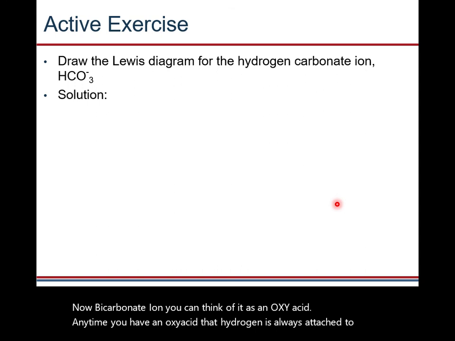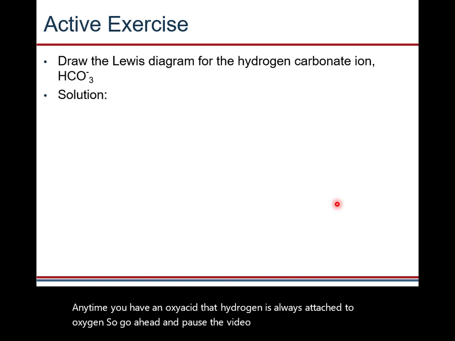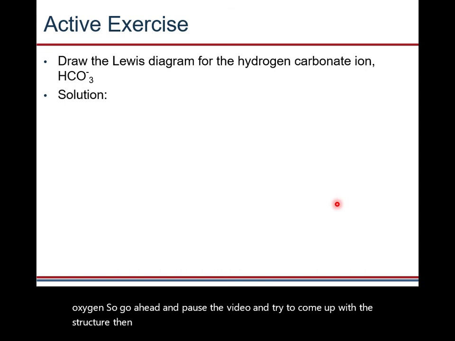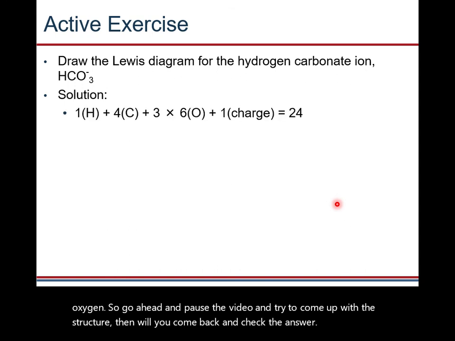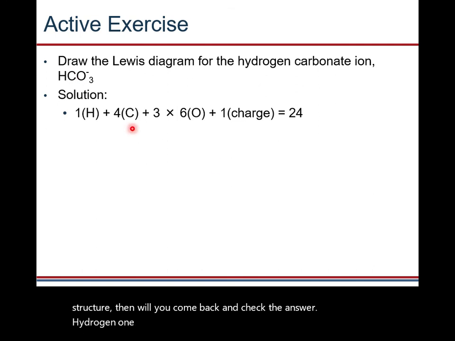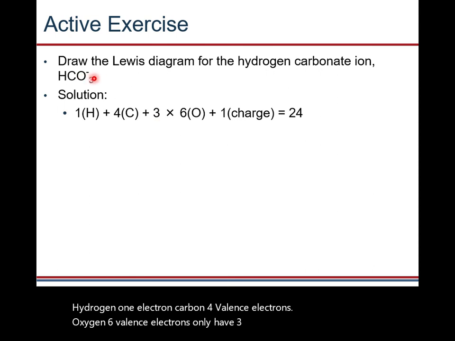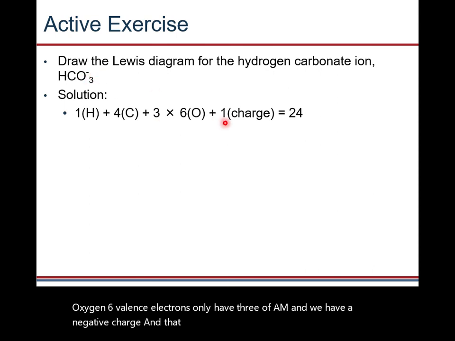So go ahead and pause the video and try to come up with the structure. Then come back and check the answer. Hydrogen 1 electron, carbon 4 valence electrons, oxygen 6 valence electrons, and I have 3 of them, and we have a negative charge, that would be +1 for the charge, a total of 24 electrons.